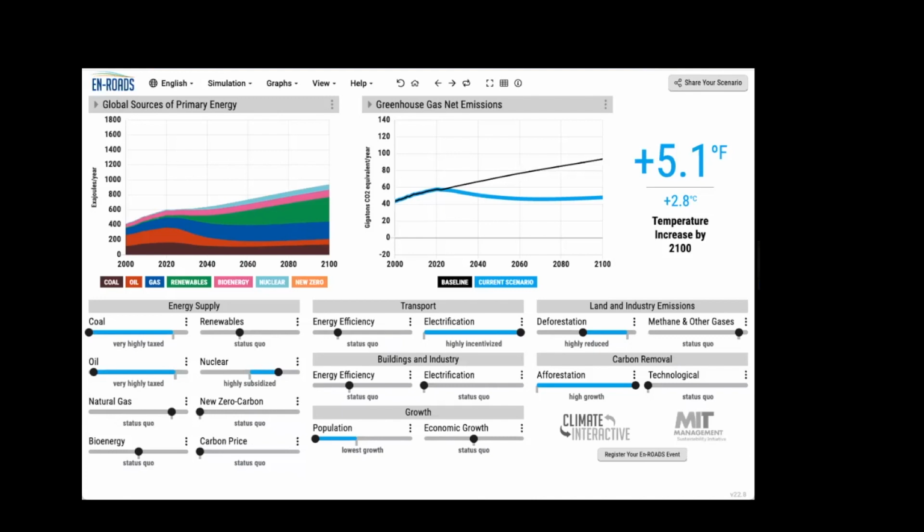Bill had tried reducing methane, so Bill, what do you think? So 1 degree. Okay, so we're going to really reduce methane here, and it almost counts.